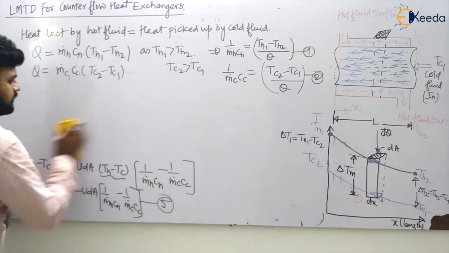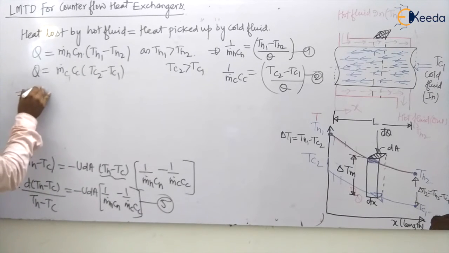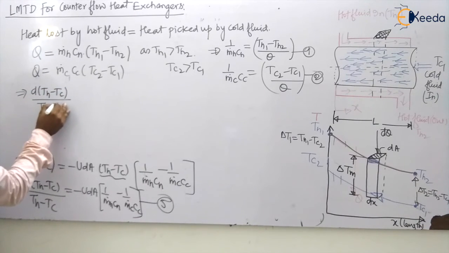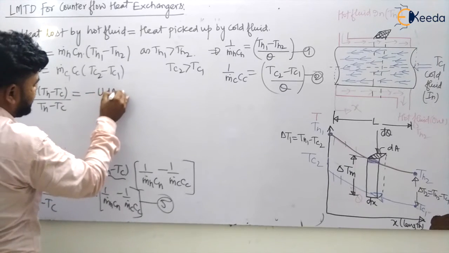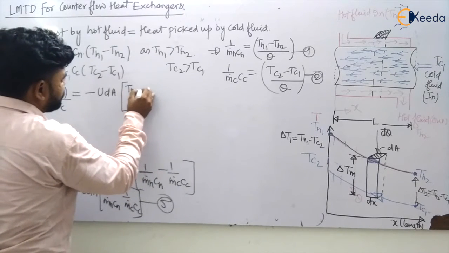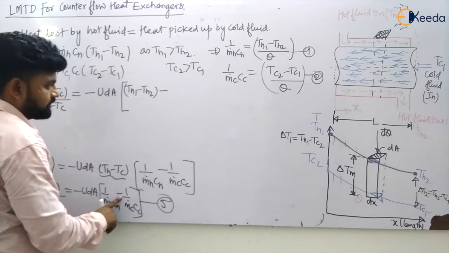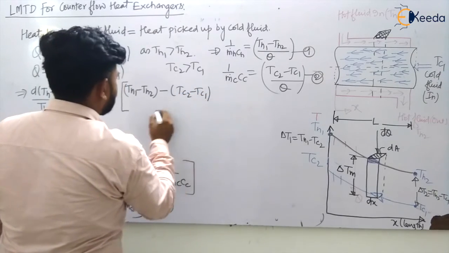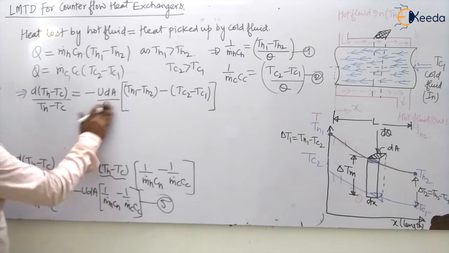I will have d of Th minus Tc divided by Th minus Tc is equal to minus U dA multiplied by 1 upon m dot h c h, which is equal to Th1 minus Th2, and with the minus, this will be Tc2 minus Tc1, divided by Q. I am taking this directly out, divided by Q.